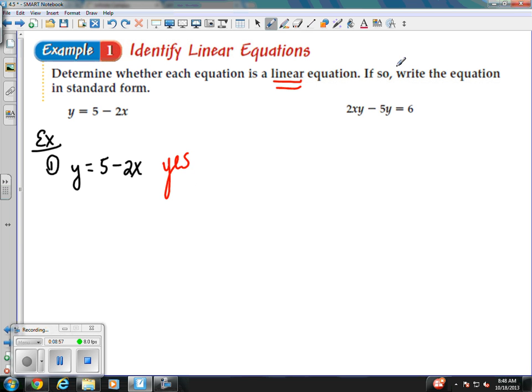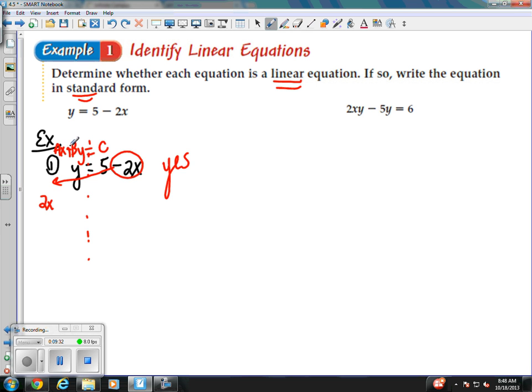Now, to get it in standard form, I always like to come up here and write Ax plus By equals C and match up my equal signs, so I can see what needs to be on the left side and what needs to be on the right. So Ax means my number with my variable x needs to be in front over here. So if that's a negative 2x on the right side and it wants to be on the left, it comes across, and because it jumps the equal sign, it becomes a positive 2x.